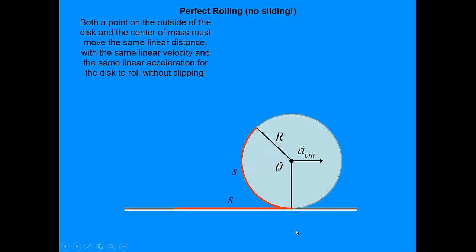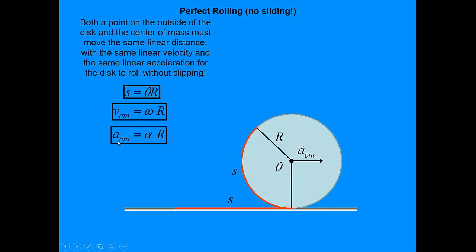We're rolling without slipping. So as we did here, some proofs along the way, we can relate the distance the center of mass moves to the angular displacement and the radius. The speed of the center of mass is equal to omega r, or the angular velocity of the rotating object times the radius.